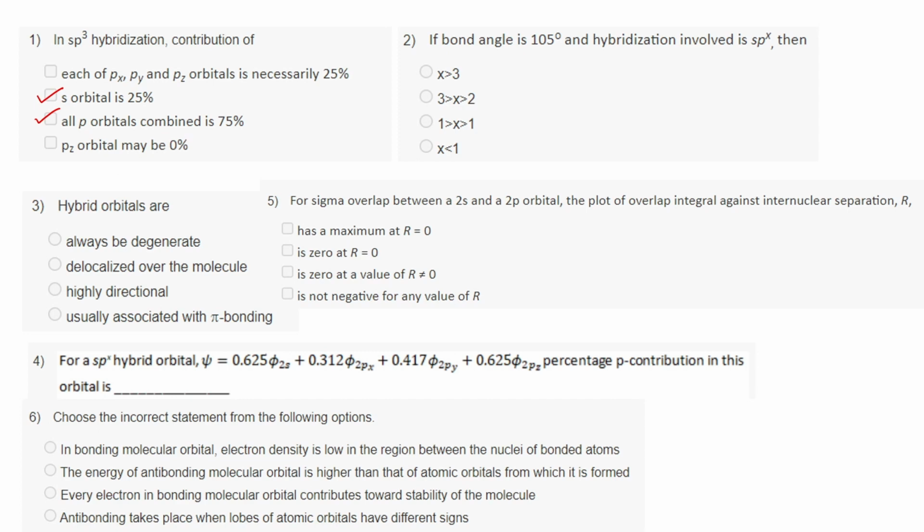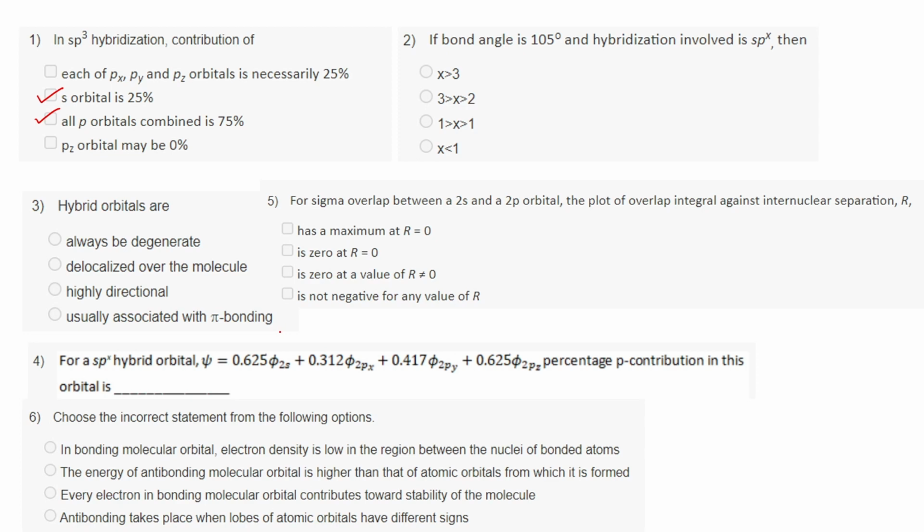Now the second question is: if the bond angle is 105 degrees and the hybridization involved is spx, then what is x? From previous knowledge we know that if it is sp2, then the bond angle is 120 degrees, like BF3, this kind of planar molecule.